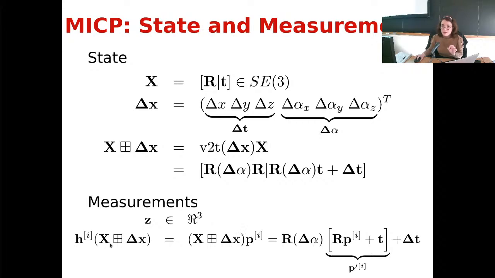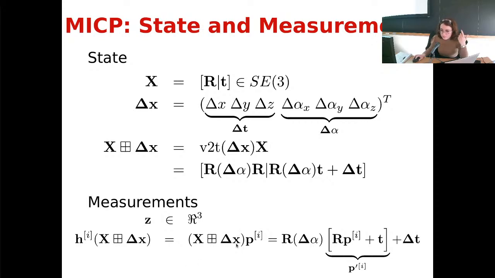And as the prediction function is the function which allows us to compute the predicted measurement given the current state, and given that our measurements are points in the robot frame, then in order to predict a measurement, that is, predict a point in the robot frame, given the point p_i in the world frame, what we do is we apply x, which is a transformation from the world frame to the robot frame.